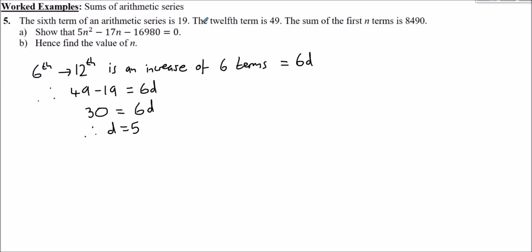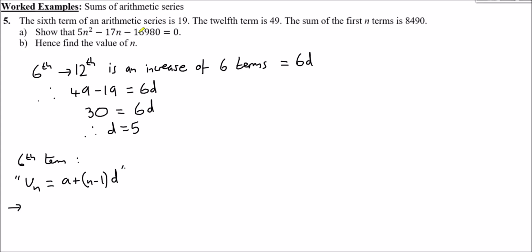So you could even work this out the long way. This is how you can do it using this idea of a common difference. So d equals 5. So let's just sub this into the 6th term. If we just use this idea that the nth term un equals a plus n minus 1 lots of d, and plug it into the 6th term.